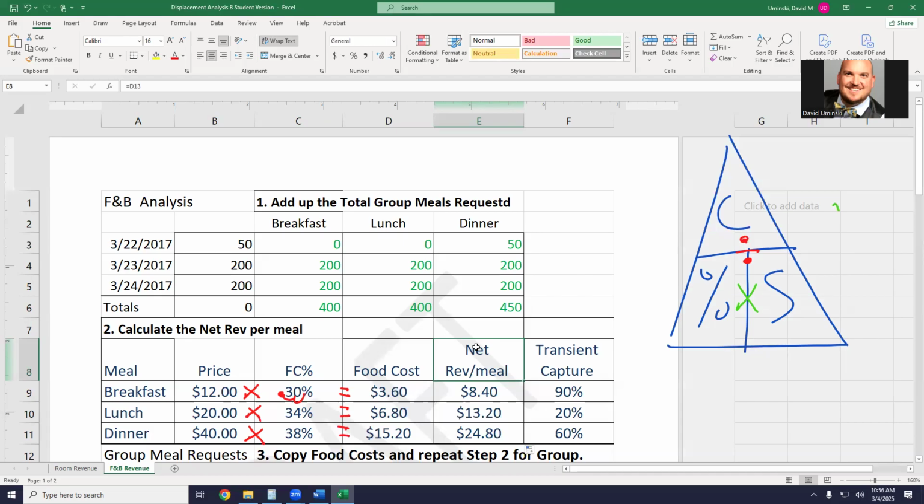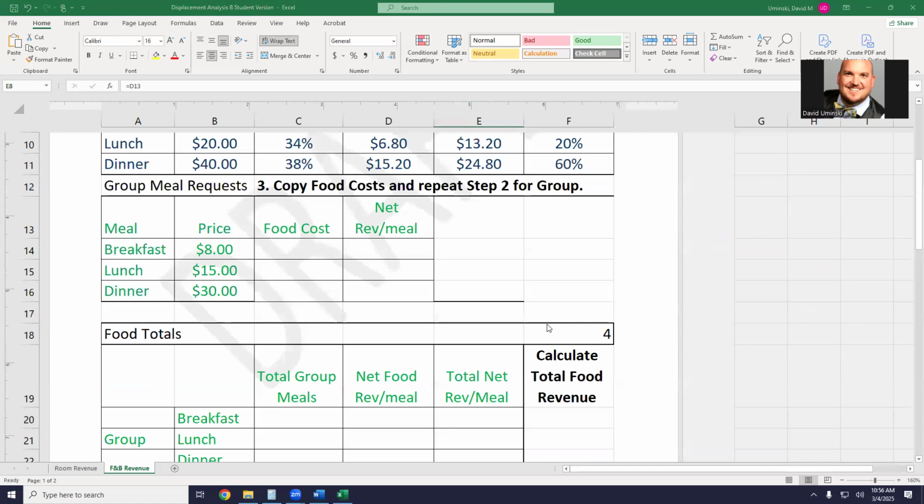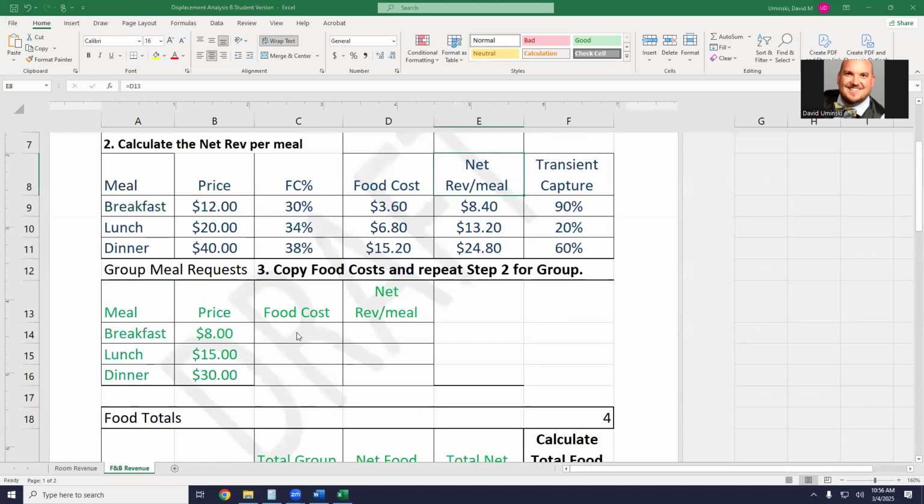All right, now what we want to do here for the group meal requests, just like in our rooms, the group is going to want a discount on their meal pricing. They want a special pricing for their meals. Okay?